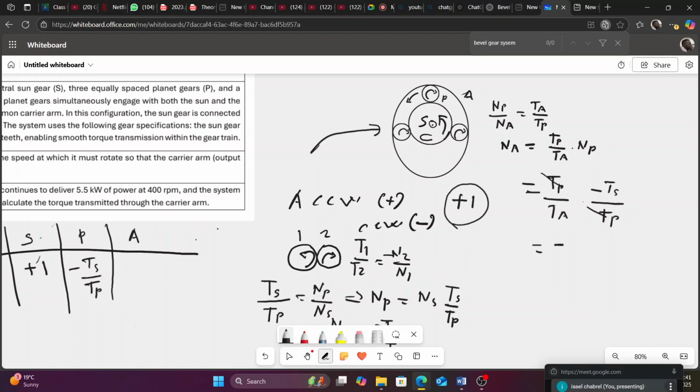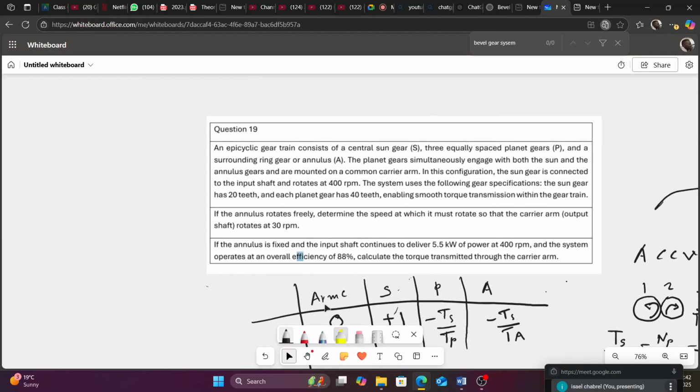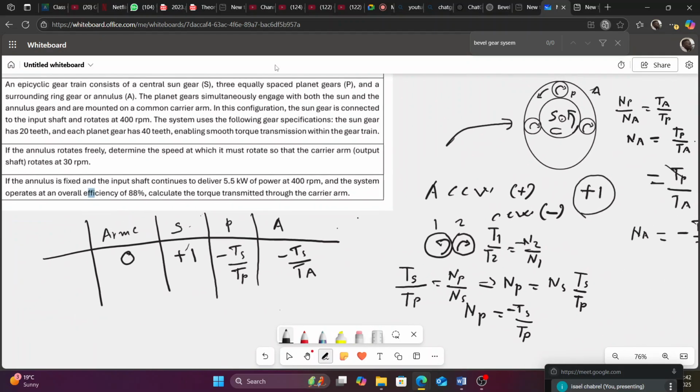At the end of the day, the expression for NA is basically minus TS over TA. Any question, guys? Yes, who's joining now? Who's joining now this late? Any question, guys?